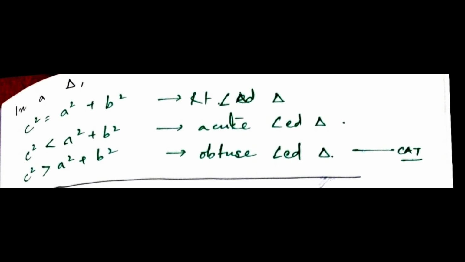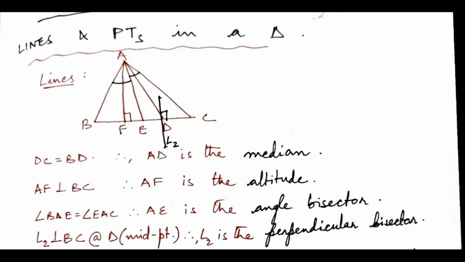Now let us move on to lines and points in a triangle. The median joins the vertex to the midpoint of the opposite side, and it may or may not be perpendicular, may or may not be the angle bisector, right?